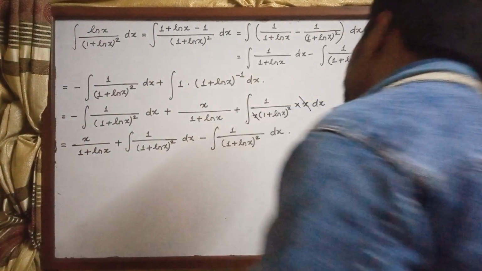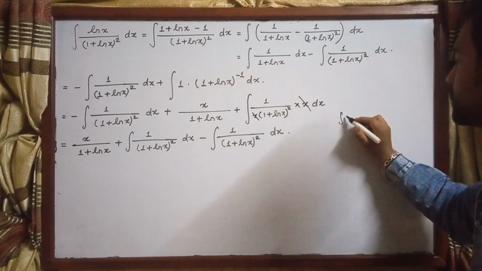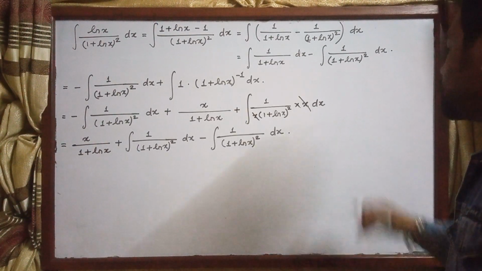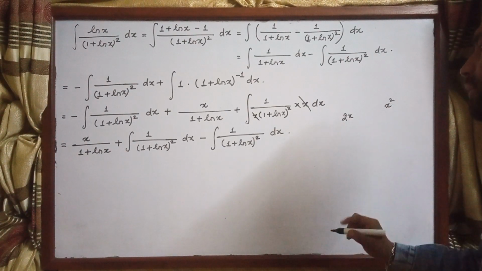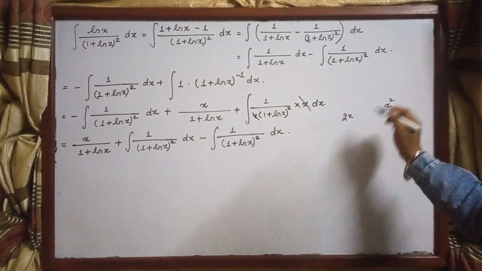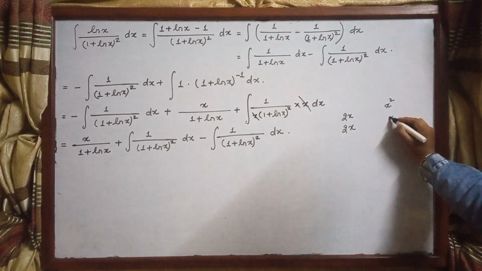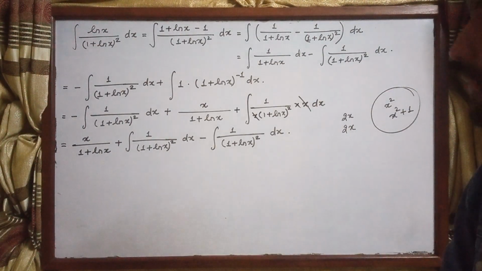For example, the antiderivative of 2x can be x squared, one of them, and the other one can be x squared plus 1. Clearly these two functions are not the same.